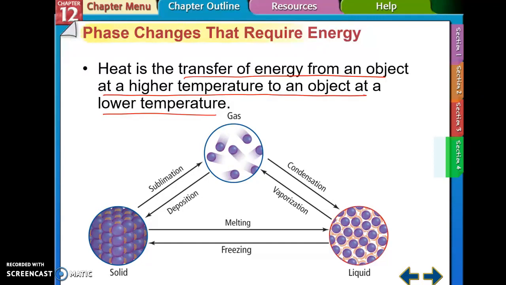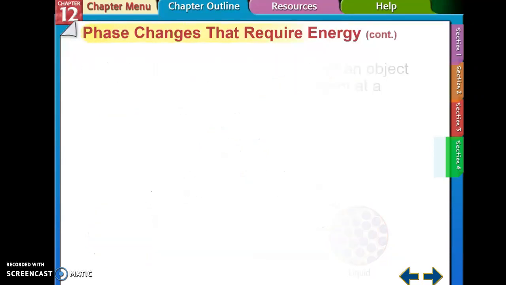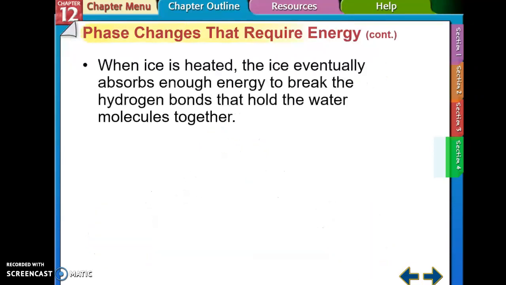So right here, you can see the different phase changes. We've got melting, freezing, condensation, vaporization, sublimation, and deposition. We're going to talk about each of these in depth. So the first one, when you're heating ice, the ice eventually absorbs enough energy to break hydrogen bonds that hold the water molecules together.